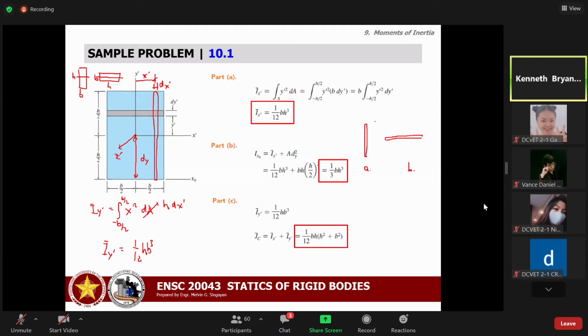With respect to a horizontal axis passing through the centroids of both rectangles, which one do you think will give the higher moment of inertia, A or B?